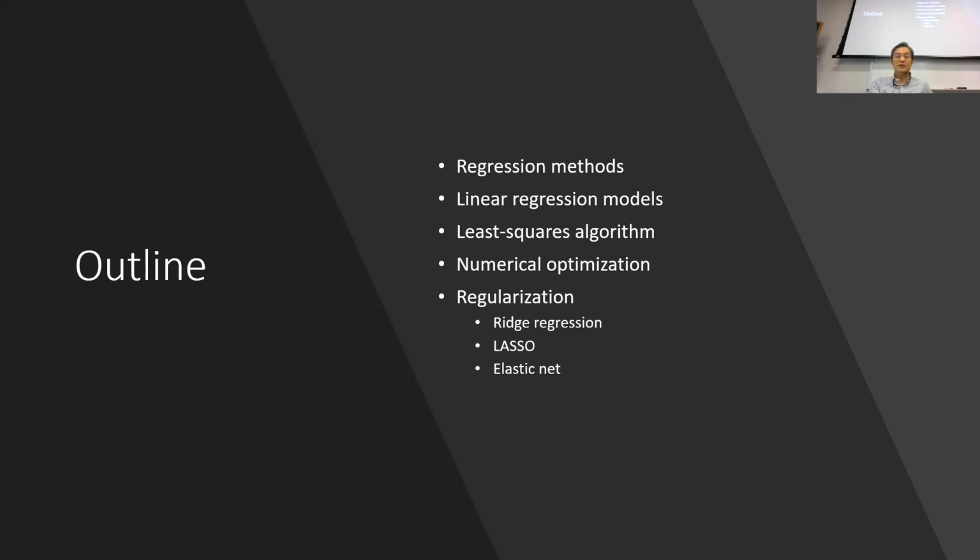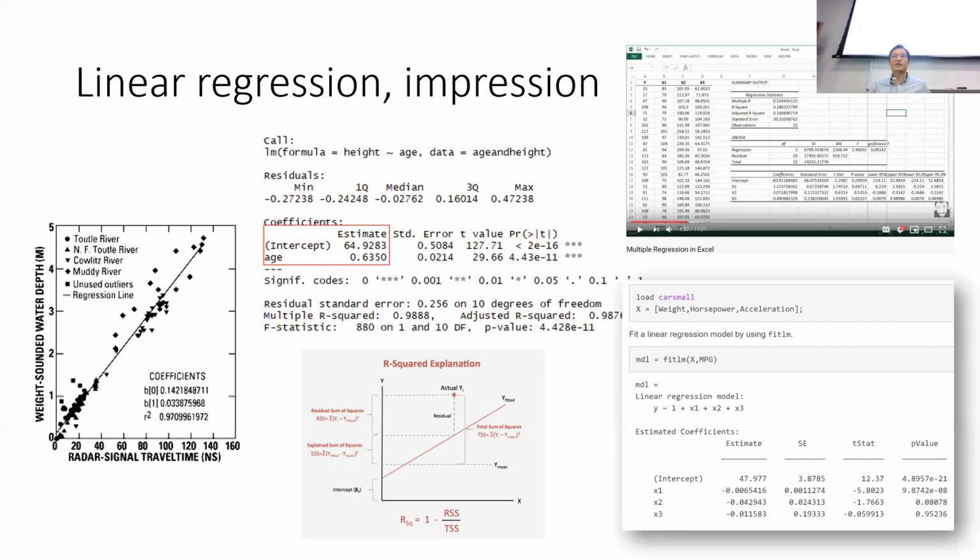Okay, as I said, you may be familiar with linear regression, and more or less in your statistics class or whatever your learning procedures, you will have encountered this. So the idea is you have an independent variable. You want to use this to predict a dependent variable.